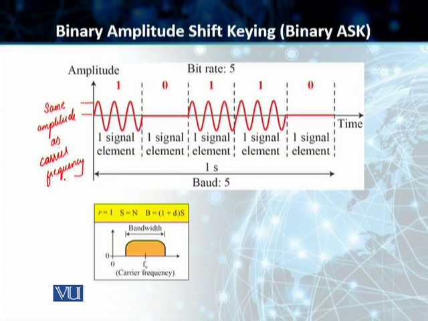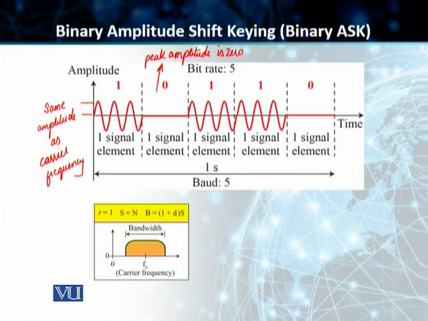And for the other signal element, which is a 0 in this case, as you can see, the peak amplitude to send a binary 0 is 0.